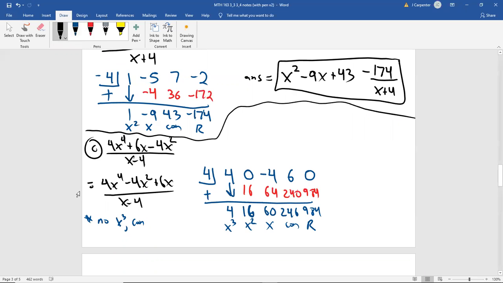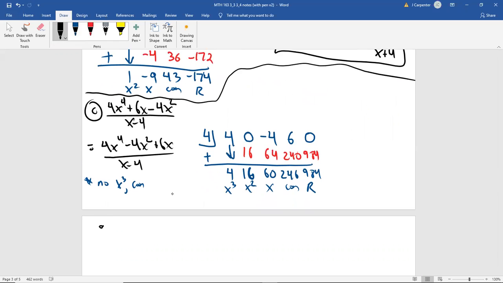So our answer, let me just put it a little below, would be 4x cubed plus 16x squared plus 60x plus 246 plus 984 all over the original denominator, which is x minus 4.